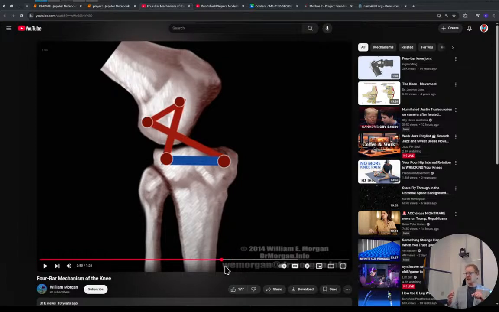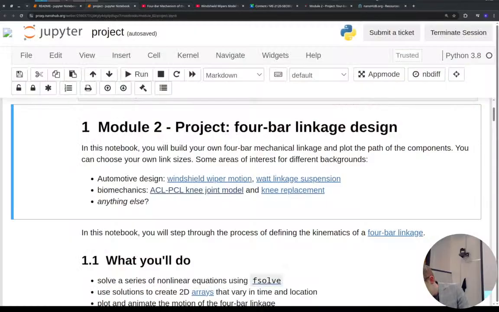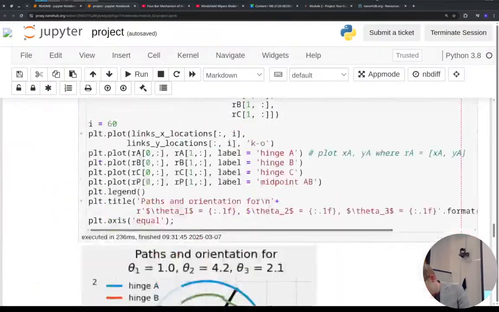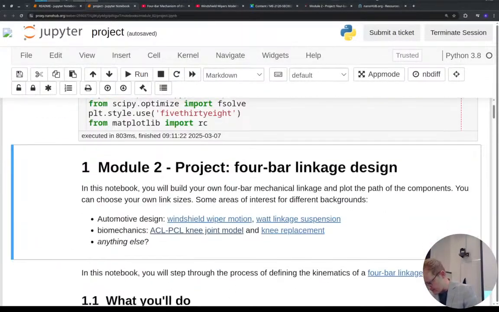Your knee is... your ACL and your PCL, anterior and posterior cruciate ligaments, make up a 4-bar linkage that defines what the bottom of your femur looks like. Okay, I broke this one.